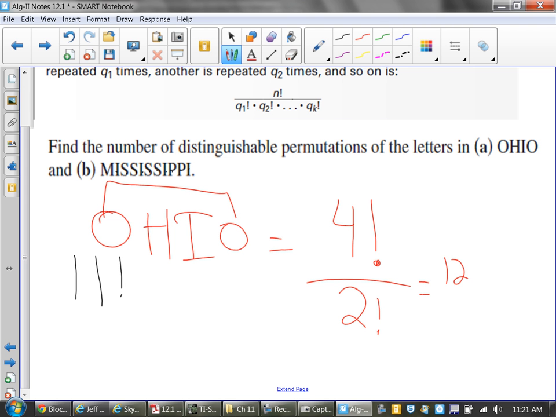So it's 11 factorial divided by, well, the I's are repeated 1, 2, 3, 4 times. The S's are repeated 1, 2, 3, 4 times. And the P's are repeated twice. If you type it in exactly like that, your calculator will spit out the answer. You can put factorials with fraction bars, it's not a big deal.